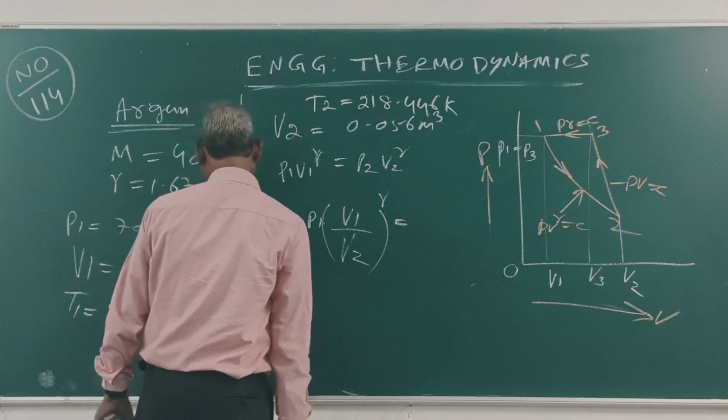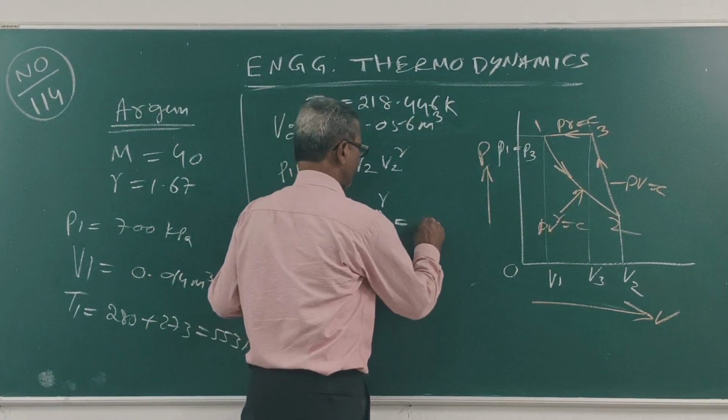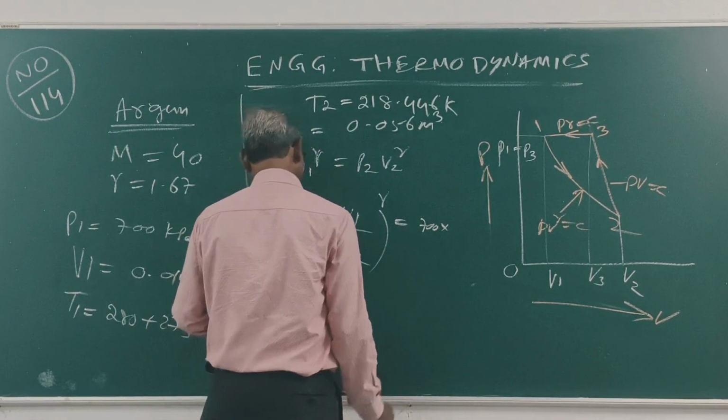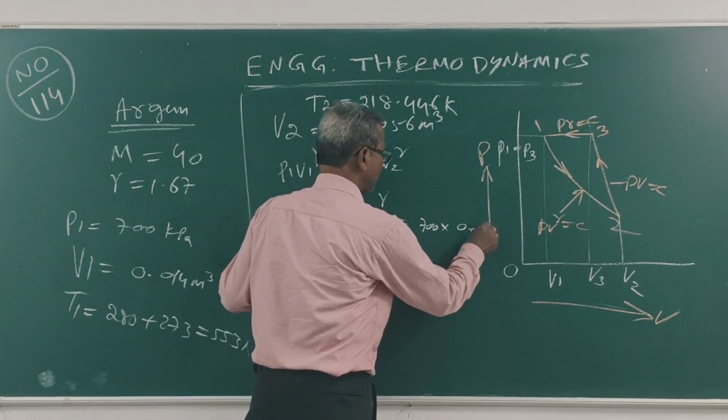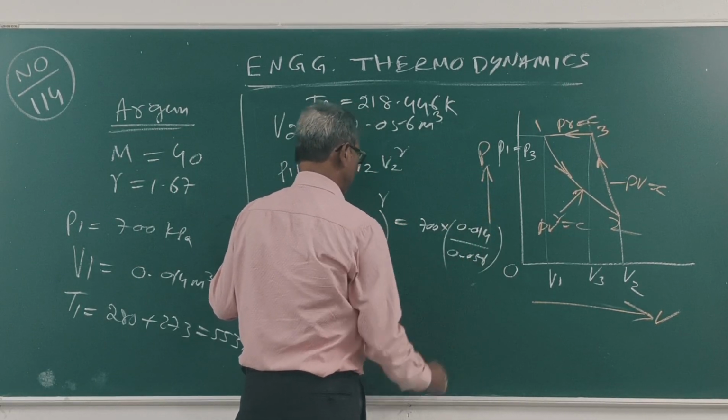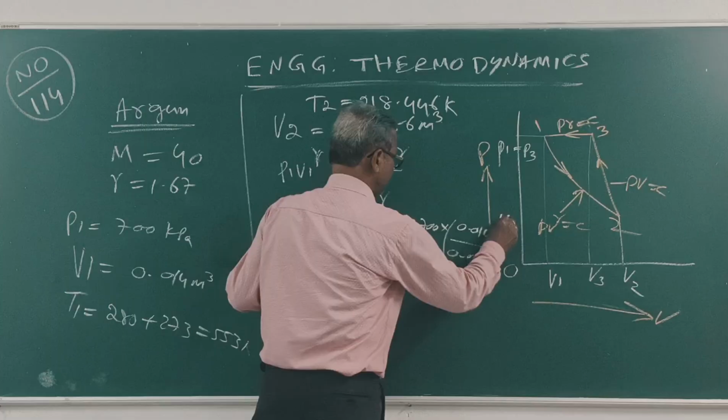What is P1? 700. V1 is 0.014 by 0.056 to the power of gamma, 1.67.